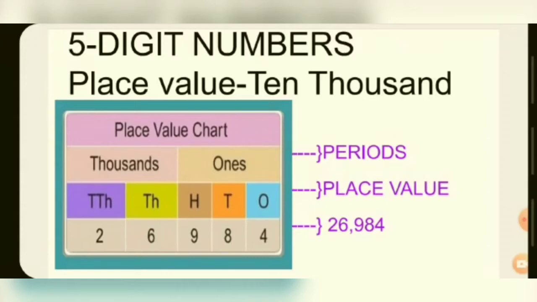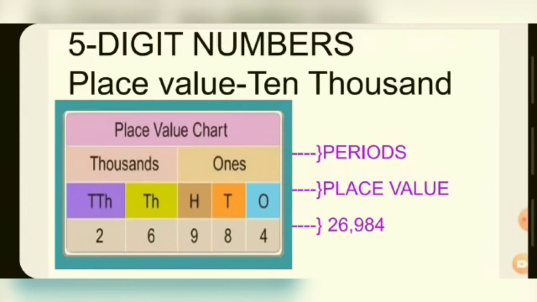The comma is given in between to split the number based on its period. 4 is in ones place, 8 is in tens place, 9 is in hundreds place. So together it is under ones period. So after that a small comma is given, then the number 6 and 2 comes.